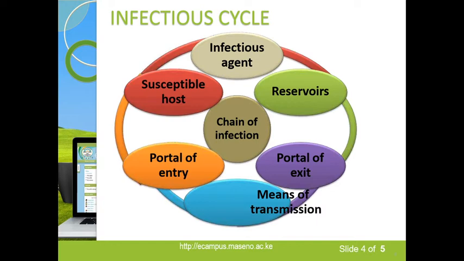An infectious agent is the agent that causes the infection. At this point, when we come in with either sterilization or disinfection, we have a higher likelihood of killing this infectious agent and stopping it from causing infection.